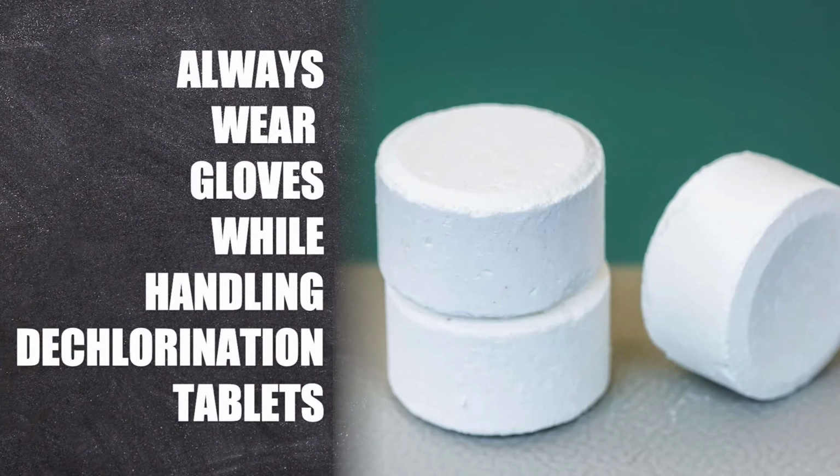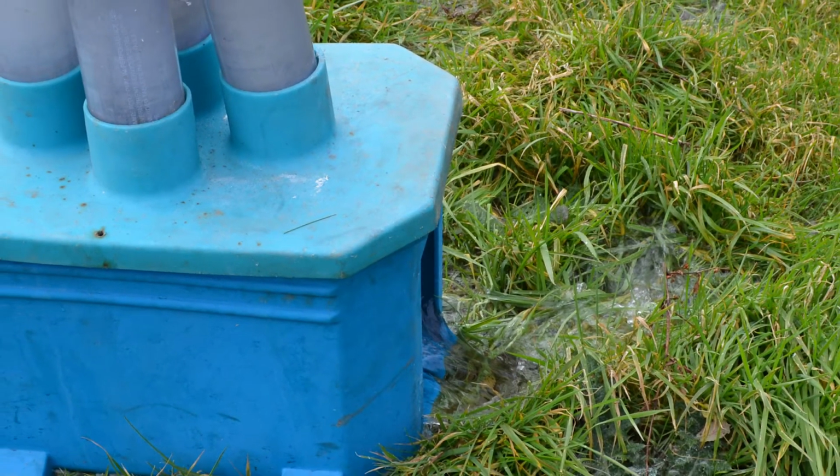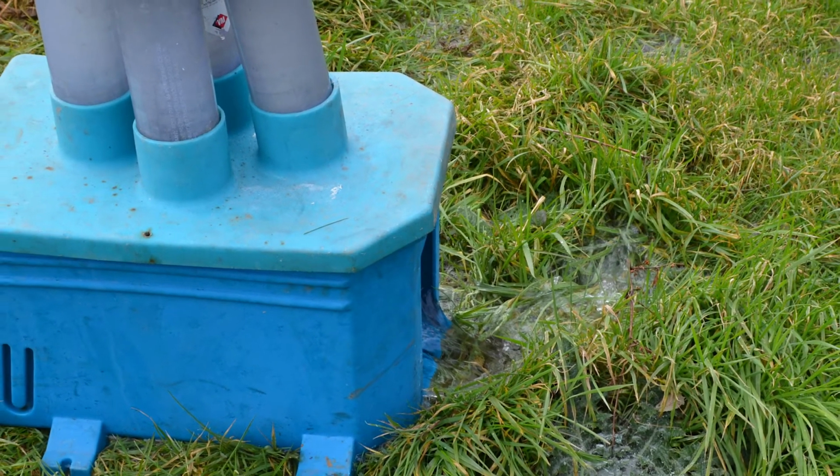Here we have a dechlorination tablet, which we try to use and should use whenever we are scouring a valve into a water course, be it a stream or a river.